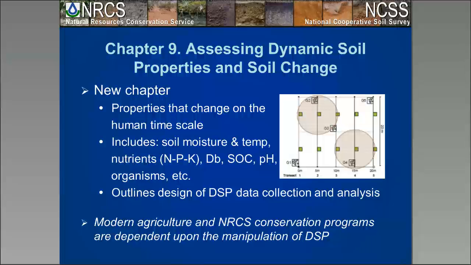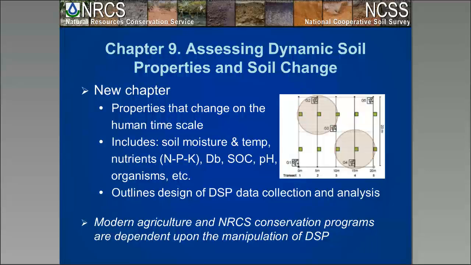Chapter 9 is one of the new chapters, again, in the Soil Survey Manual. This is the assessing of dynamic soil properties and soil change. A very important thing, these are the properties that change on the human time scale. These are the things that whenever we go out and we do something to manipulate the soil, it has an impact upon that property or quality.